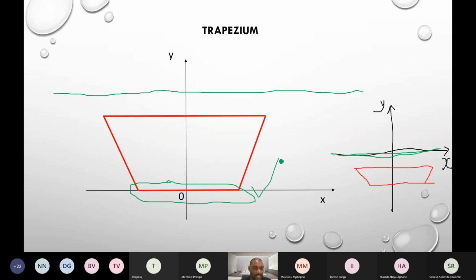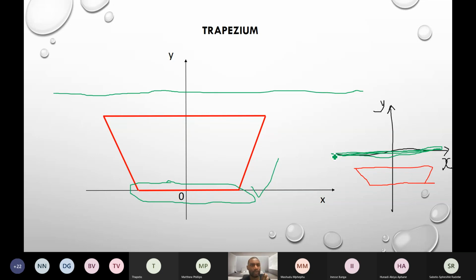This is where my base is. The base is on the x-axis, and then the water level is above. Now, if you want to put a trapezium below the x-axis, like this small diagram, it means my water level will be on the x-axis. Okay, so there are two options, but I'm just going to stick with one option.